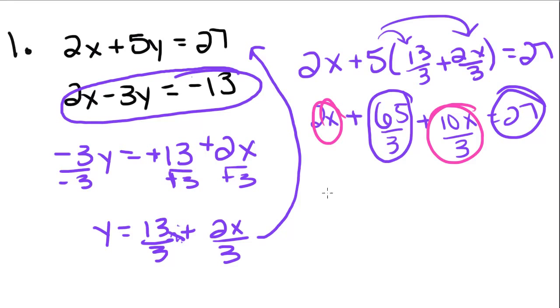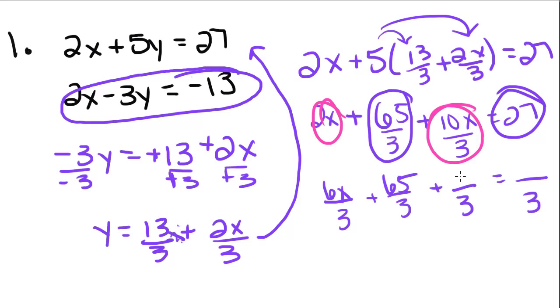okay, so in order to do this, I need to get a common denominator for all of them. So I'm going to make them all have a common denominator of 3. So if I make them all over 3, I have to multiply 2 by 3, so I get 6x plus, this is already over 3, this is already over 3, and 27 times 3 is 81.